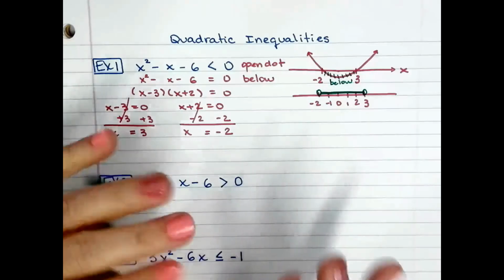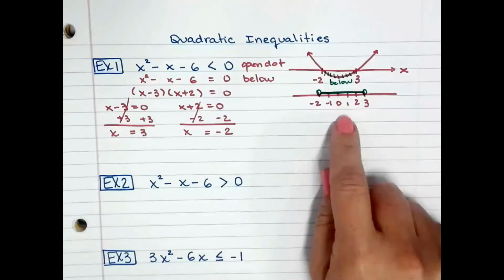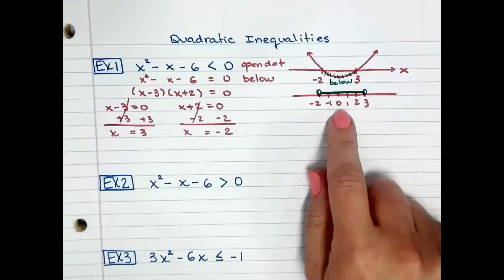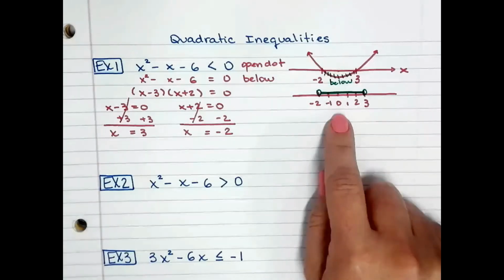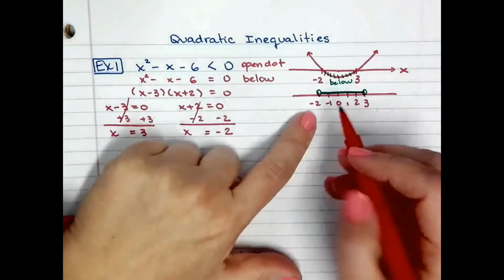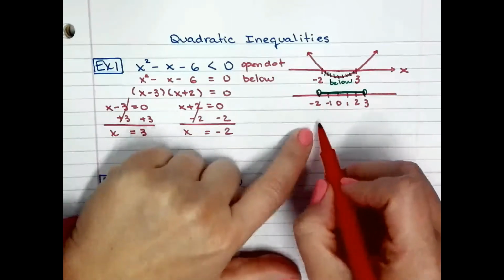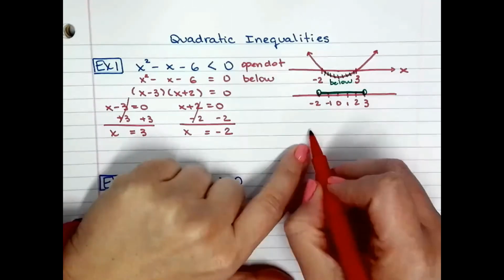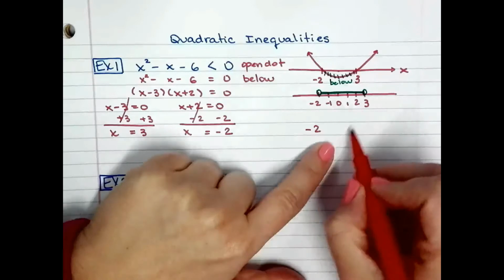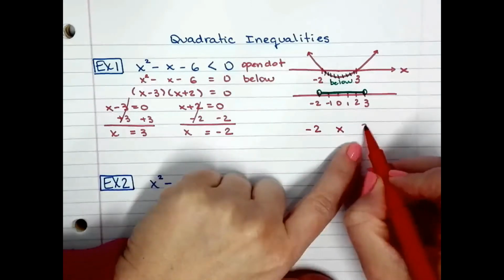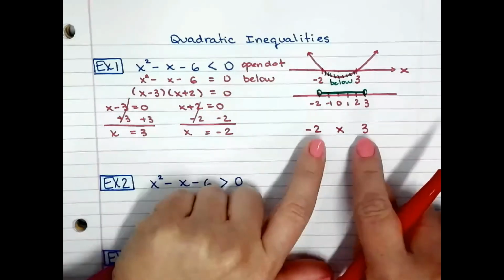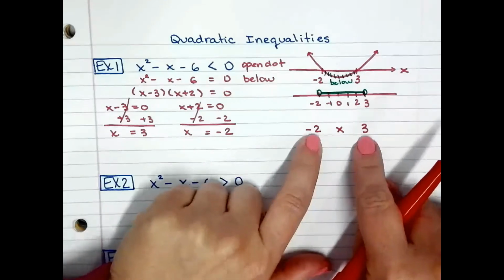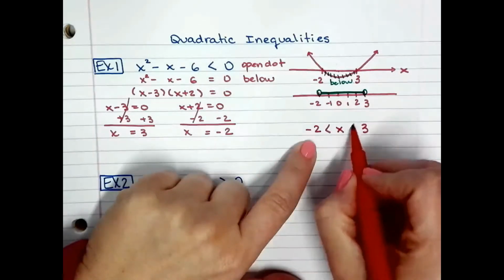Okay, we're almost done. Now, remember when we wrote compound inequalities? That's exactly what this is. So the compound inequalities, you shall write like this. -2, x is everything in between, and 3. So x is everything in between -2 and 3. And it's less than and less than.